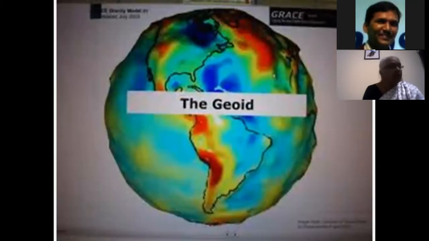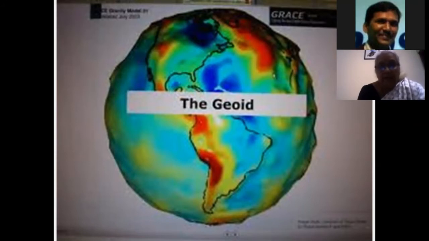The word geoid that we have here is basically used to look at the shape of the earth with reference only to the shape of the surface of the earth. We can see here that it is quite an irregular shape in this picture, and the darker areas like red are very high areas, and the dark blue is very deep.